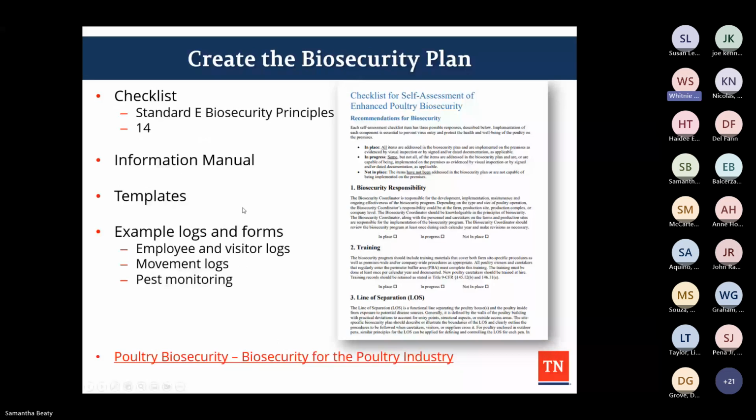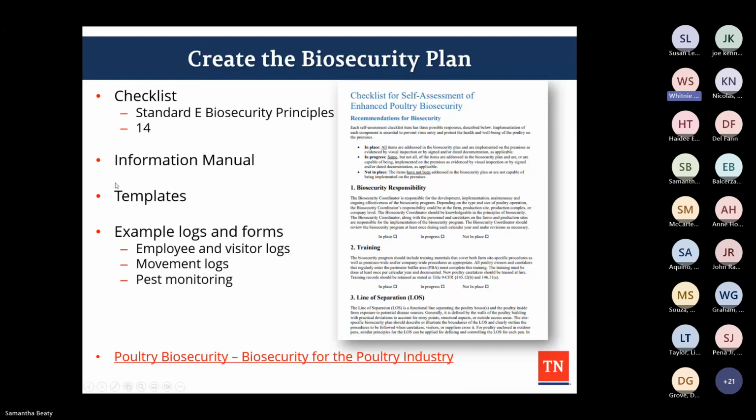There we go. So thinking about creating a site-specific biosecurity plan, again, that link at the bottom takes you to a really good website that has really, really good detailed information on how to create a plan.